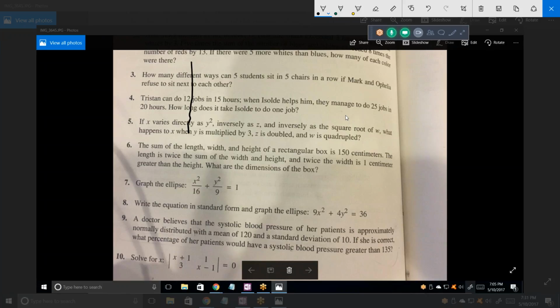On these rectangle problems, always draw a picture. The length, width, and height of a rectangular box.